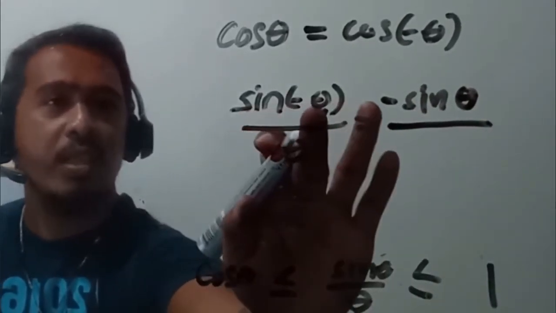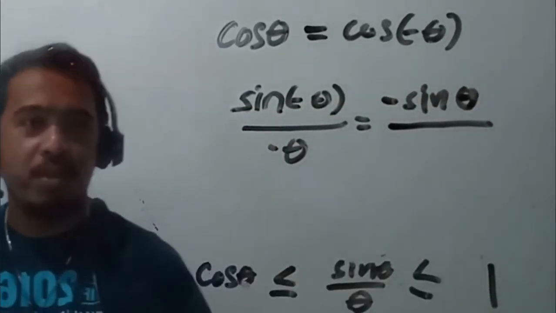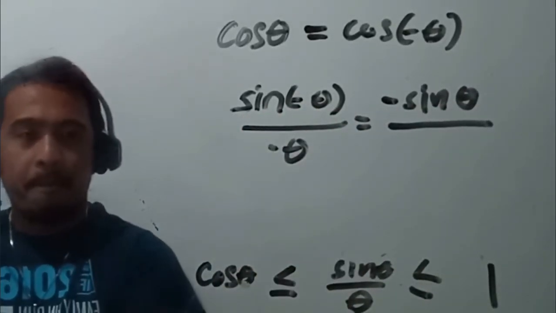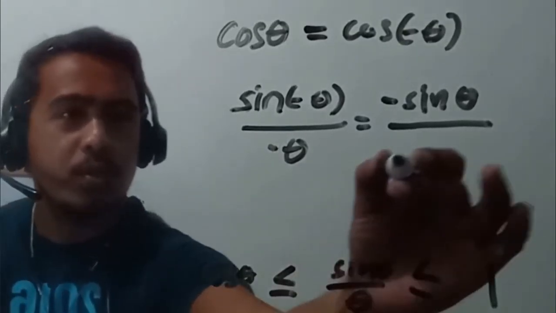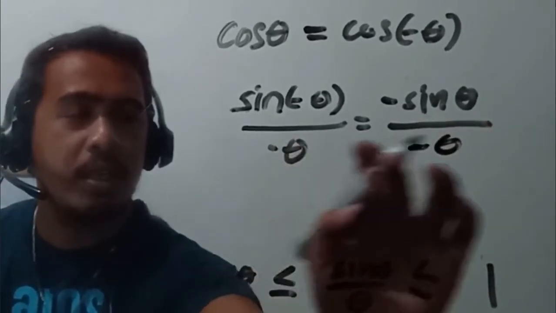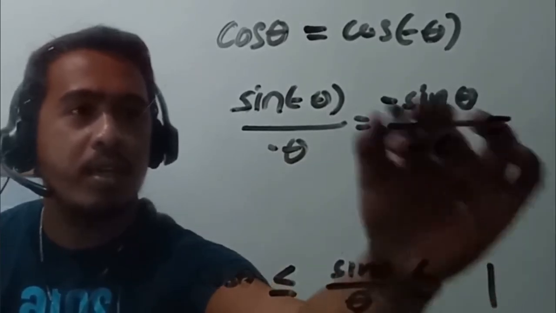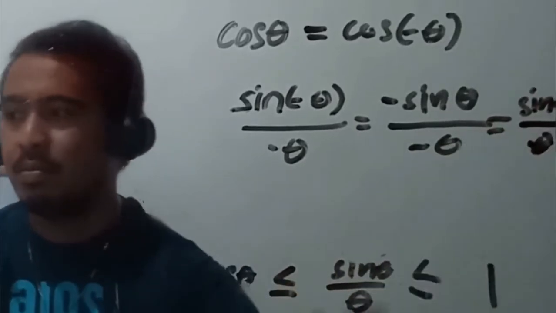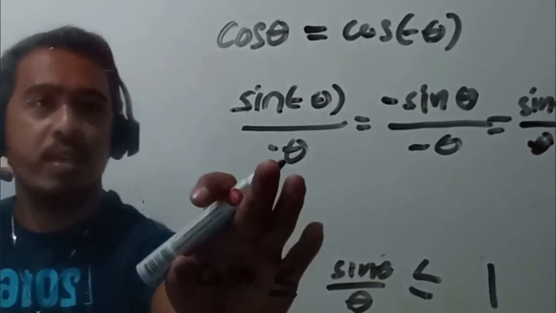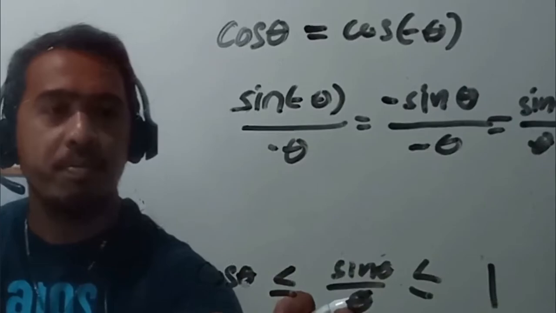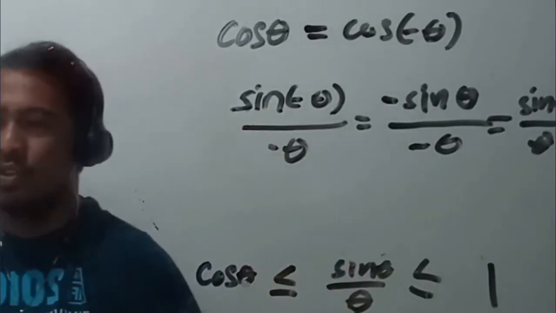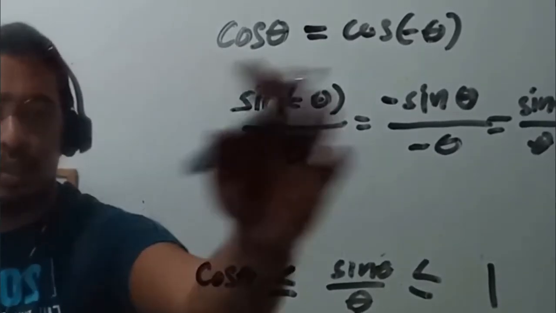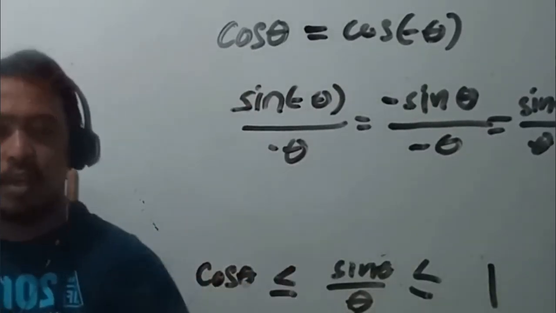The sine of negative theta is the negative sine theta, because sine theta is an odd function. So you will have negative theta, you copy the denominator, and if you simplify, it will be reduced into sine theta over theta. So in this case, they are just the same. They are just equal. So we don't have a problem here. So it means it will also work.